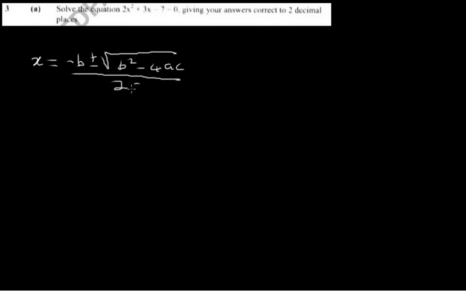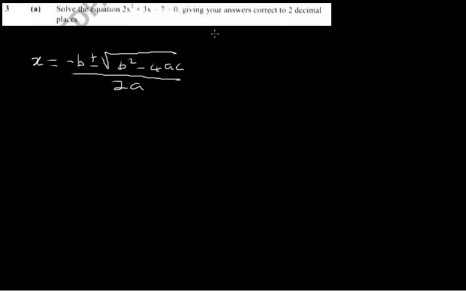So whenever you see a quadratic equation which is asking you to give an answer correct to 2 decimal places, or which has 3 or more marks, then you should know that the formula you're going to use to solve that quadratic equation is the quadratic formula, which is x equals negative b plus or minus root of b squared minus 4ac, all over 2a.